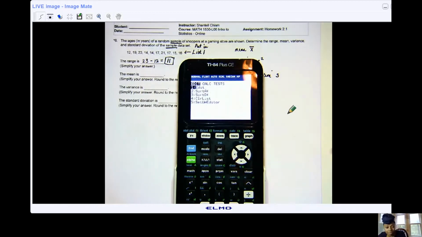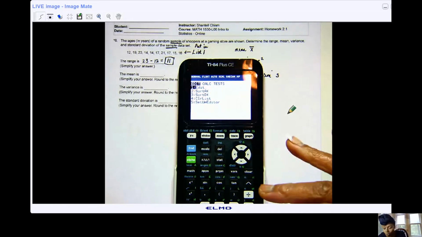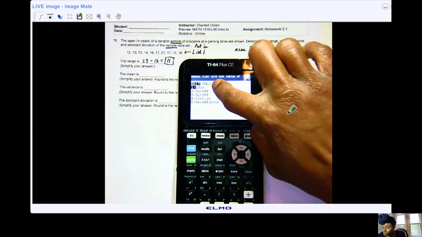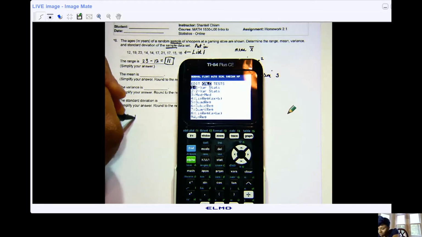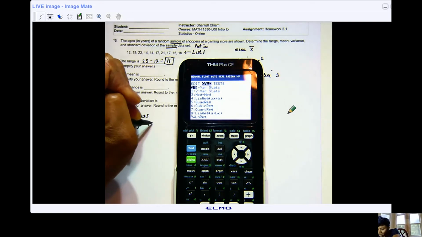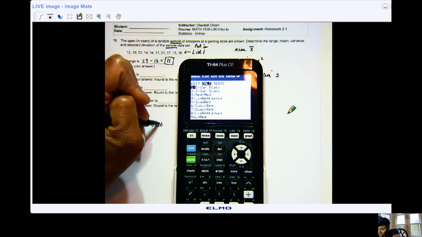Okay, after you've edited the values in, you're ready to calculate now. So you press stat again, just like we did on the previous problem, and arrow over to calc. Edit data values by pressing stat and then edit, which is just pressing enter.